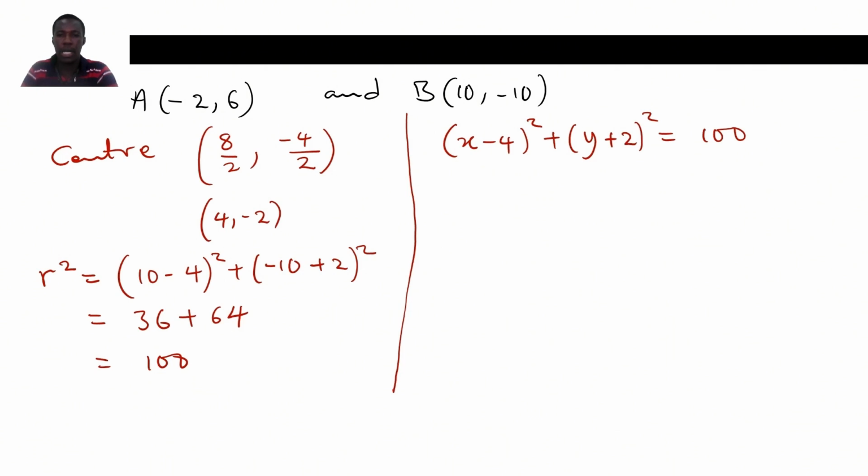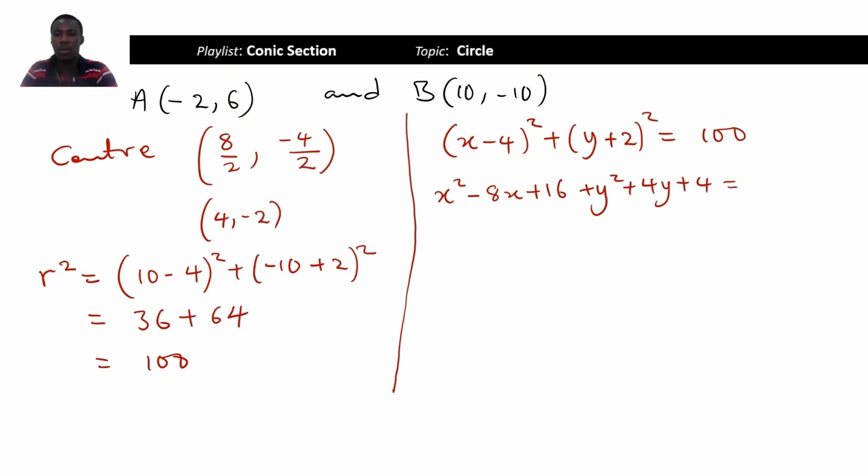So I open the bracket and get x squared minus 8x plus 16 plus y squared plus 4y plus 4 equals 100.